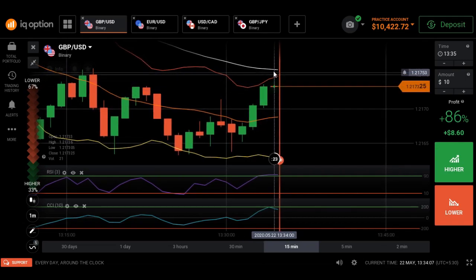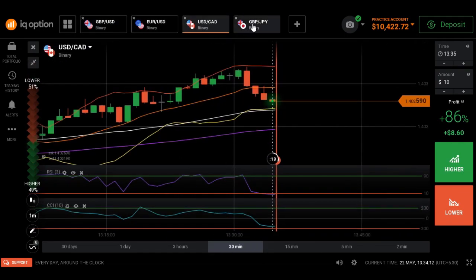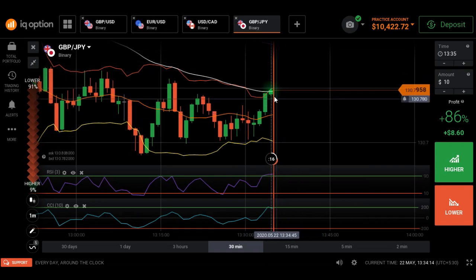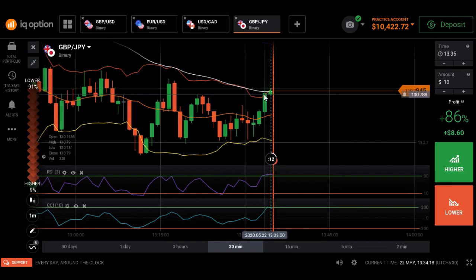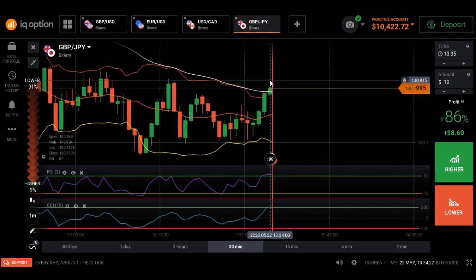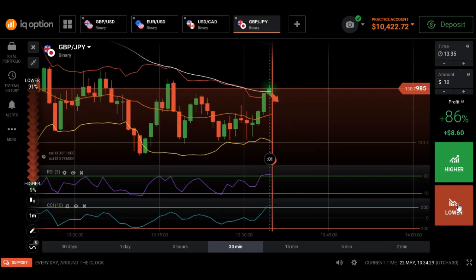Let's see how it goes. Okay, this is already touched, but it's not so good. But if this candle goes in here, for the next candle we are going to get the downtrend for sure.